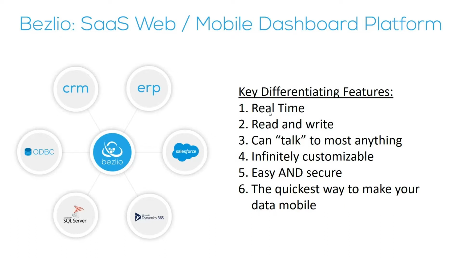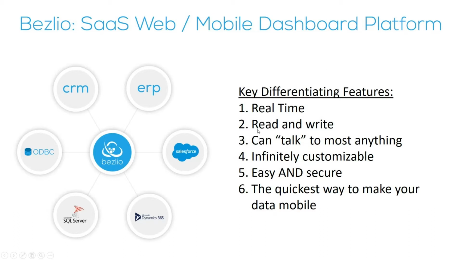With Bezlio, we provide a platform that lets you have that analytical concept, where you're able to look at data where real time is not quite as important, but also marry that up with things where you want up-to-the-second fresh data. What machines are up and running right now? What's my current shipments per hour? The sort of stuff you want to keep an eye on so that you can intervene while it's happening, as opposed to waiting for a report a month later.